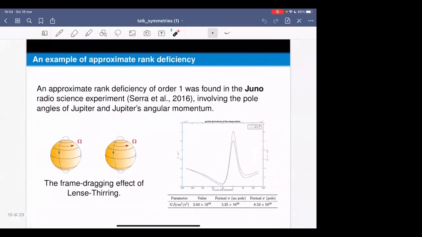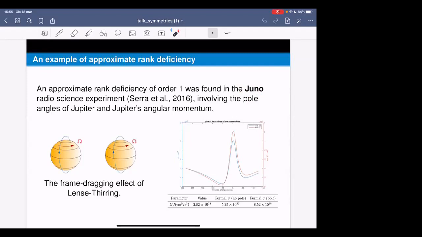Let me give you an example of approximate rank deficiency. This is something that we found a few years back empirically, let's say, in the Juno radio science experiment. This rank deficiency involves a couple of parameters of the least squares for the orbit determination of the Juno radio science experiment, which is a mission orbiting planet Jupiter right now.